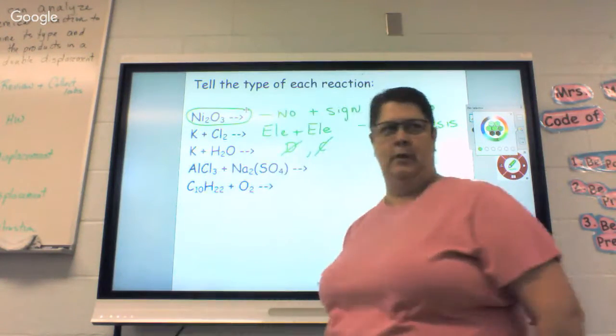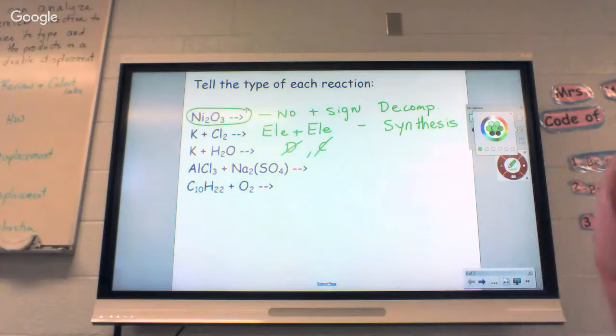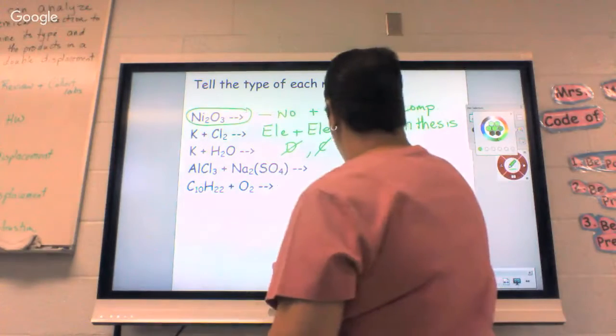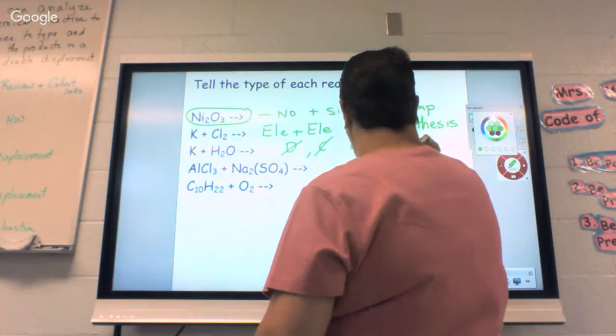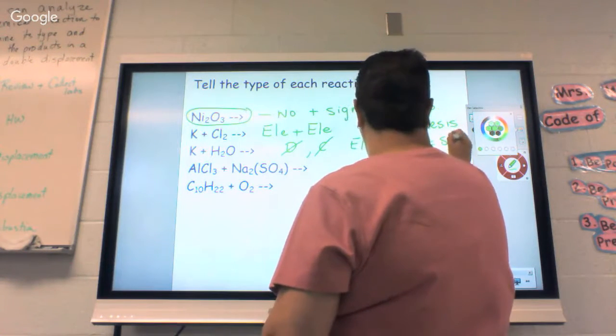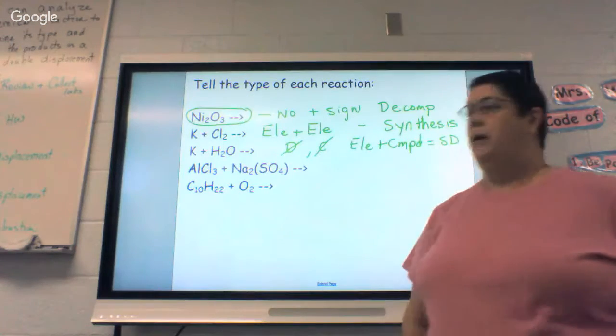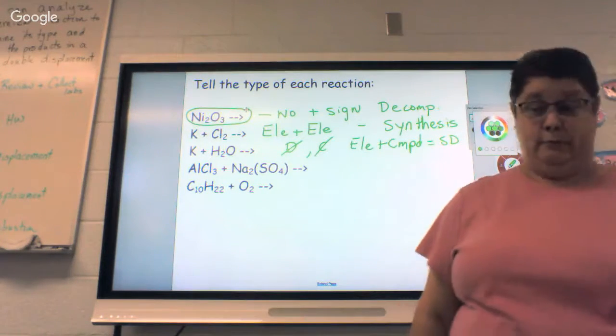You're down to either single displacement, double displacement, or synthesis. Why is it single? It's an element plus a compound. As soon as you can tell me it's an element plus a compound, it is single displacement.